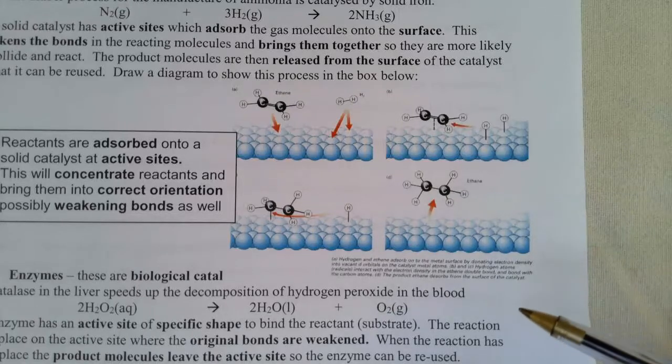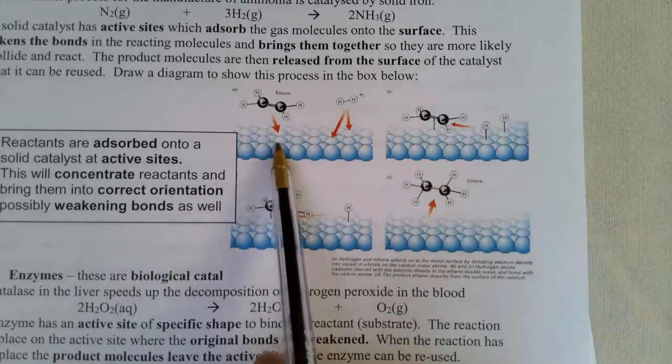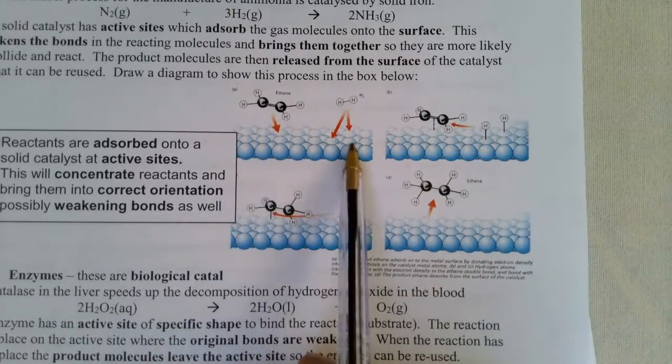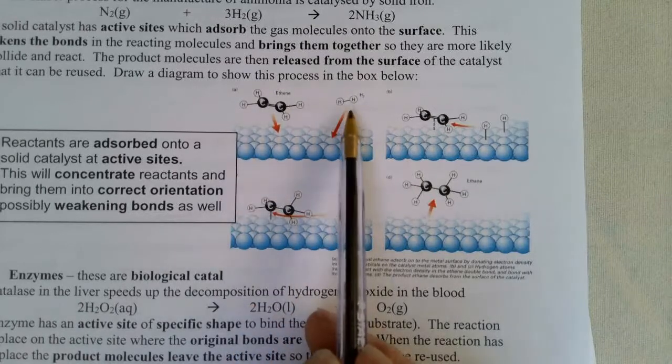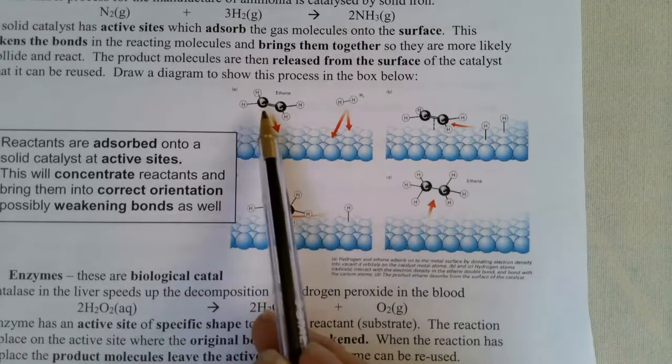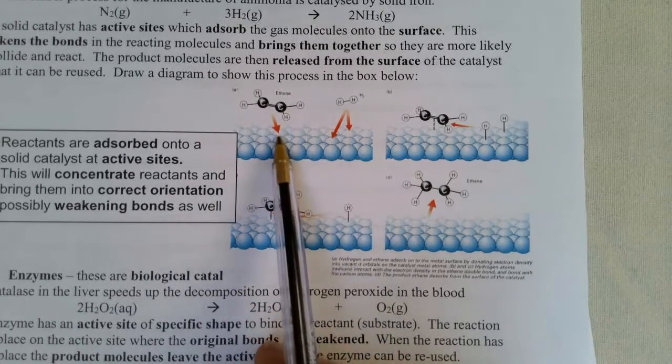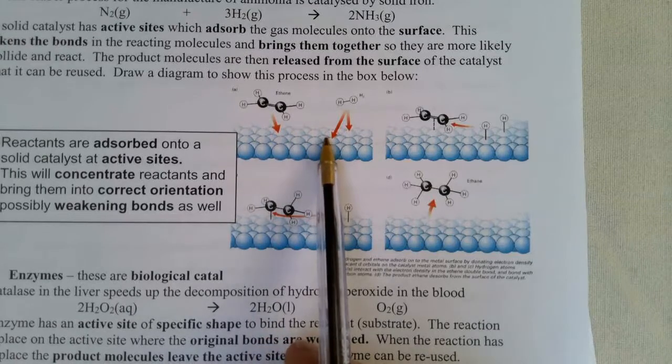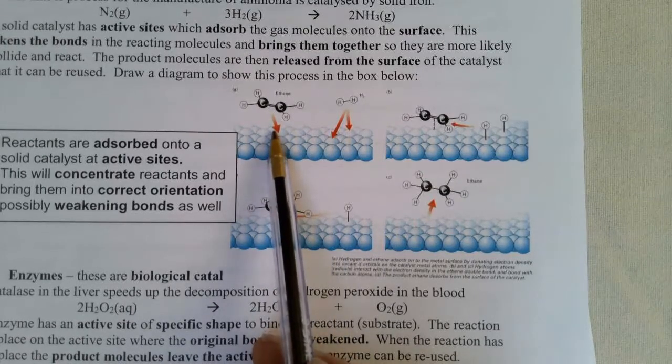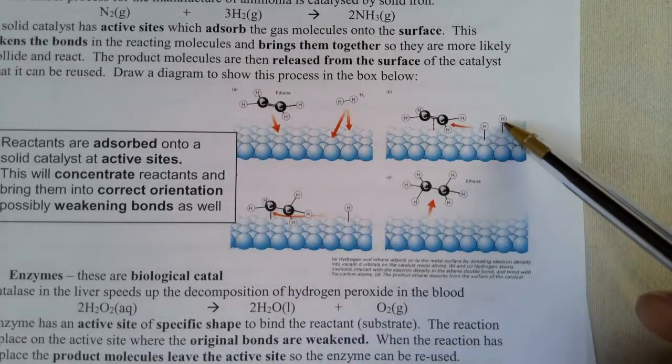So you can see here in this little diagram, I have my catalyst bed, my solid catalyst, I have ethene and I have my hydrogen, and those are adsorbed onto the surface of the metal. This weakens the bonds, causing the hydrogens to become atoms.